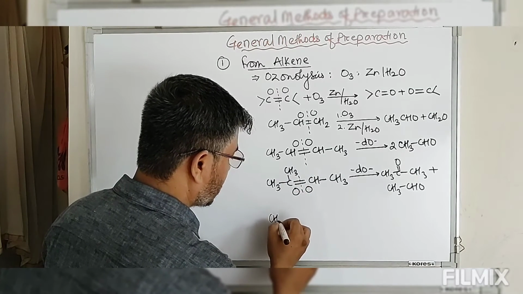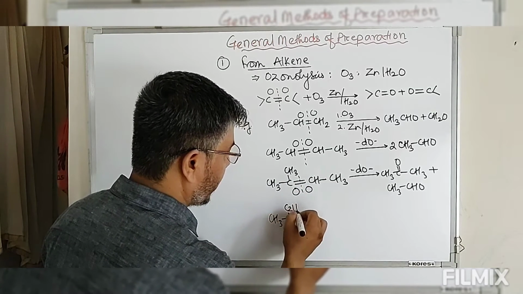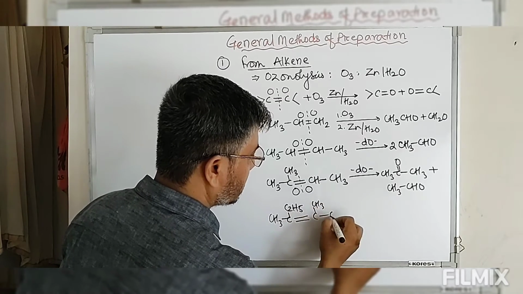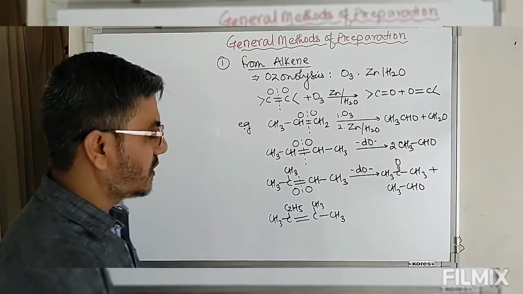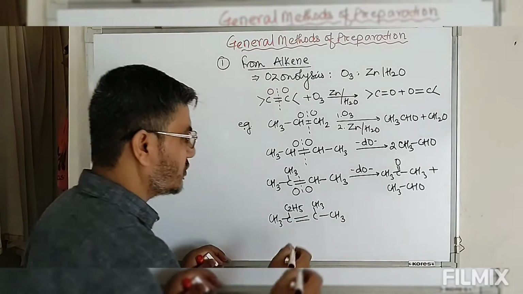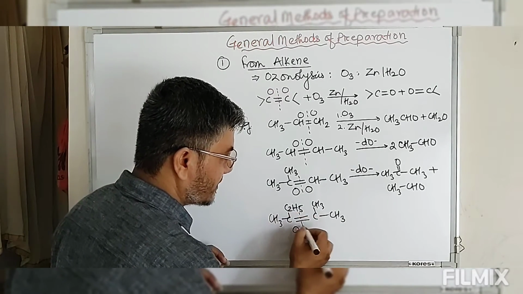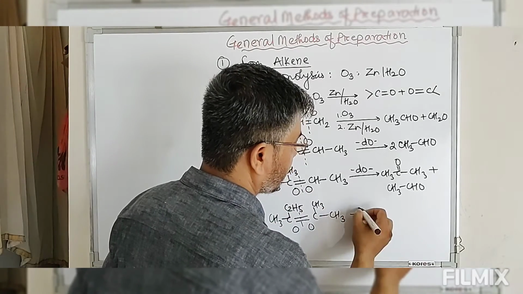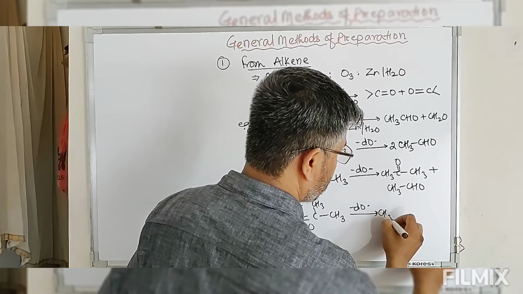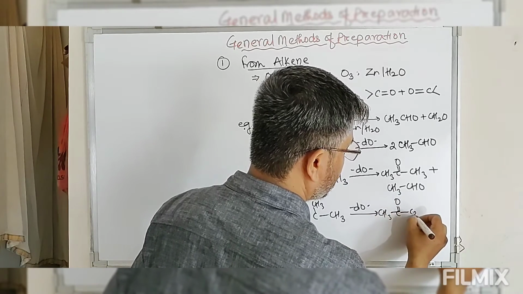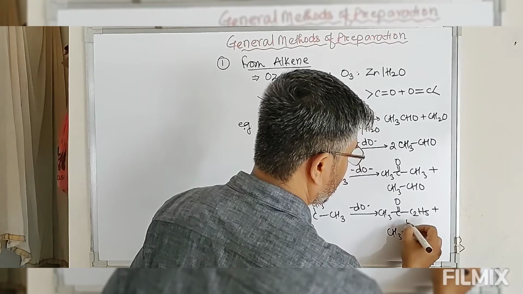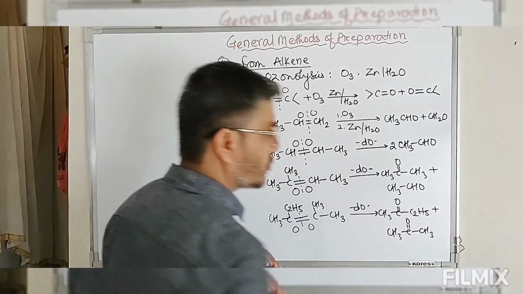Take this, suppose we have CH3 C2H5 C double bond C CH3 CH3. Now both these doubly bonded carbons do not have any hydrogen, so on ozonolysis they will give you ketones. Look at this, CH3 C double bond O C2H5 plus CH3 C double bond O CH3.